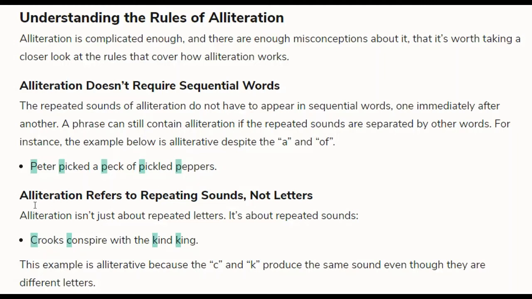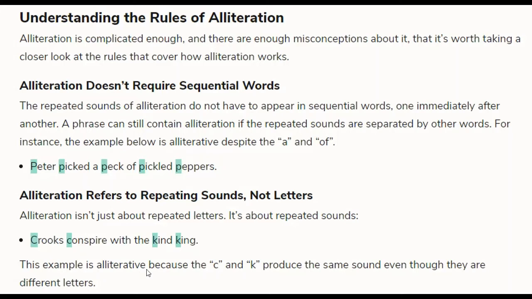Next rule: alliteration refers to repeating sounds, not letters. Alliteration is not just about repeated letters. It is about repeated sounds. For example, crooks conspire with the kind king.